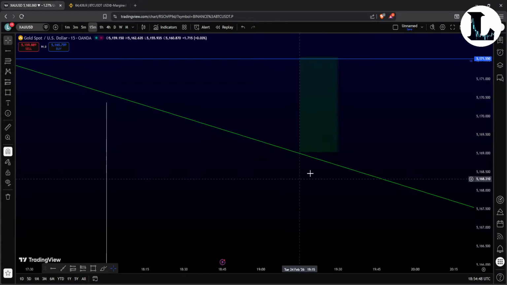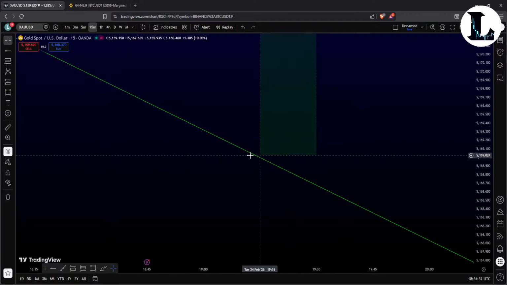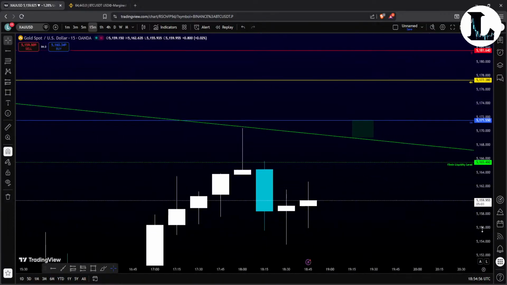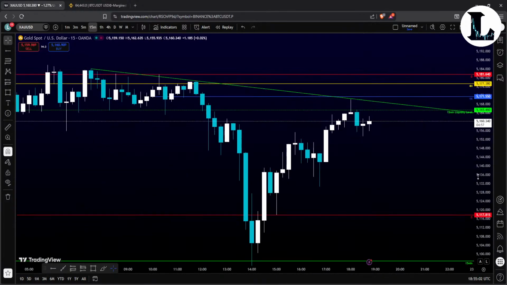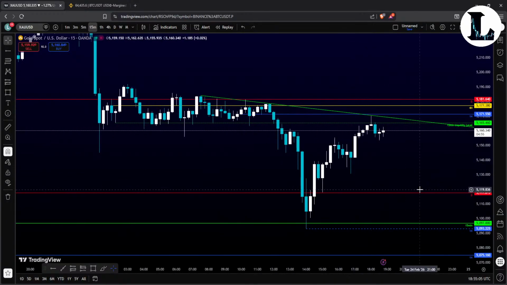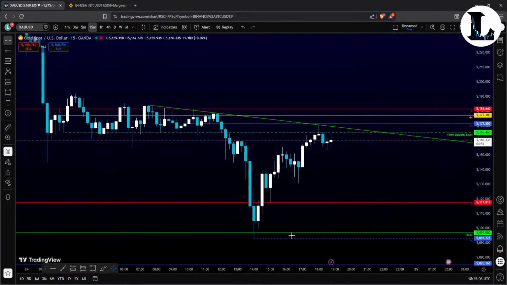To have a confirmation of the break, you need to have a little gap like this one, or even smaller. So for me, when you break a trend, you need to have a white candle like that.